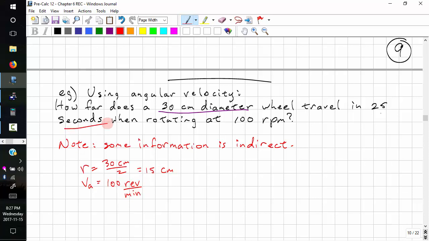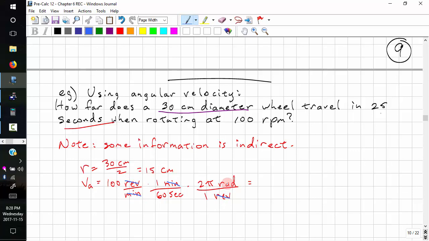We have seconds here, so we should convert this to seconds. So we want to multiply by 1 minute over 60 seconds. And we need to multiply this by 2 pi radians per revolution. So let's cancel to make sure the units are correct. Revolution, revolution, minute, minute.